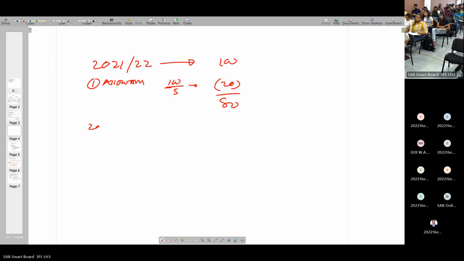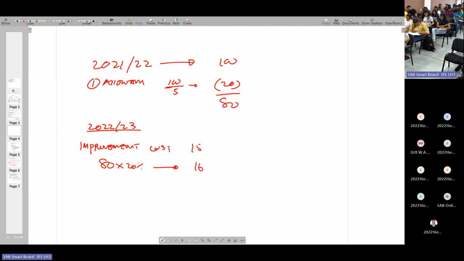That is for the year 2023, right? In that year they have incurred improvement cost of 15 million, right? But they can claim 20%. They can claim up to 16 million, but the actual cost is 15 million. Therefore, the entire improvement cost they can claim in the year 22-23.